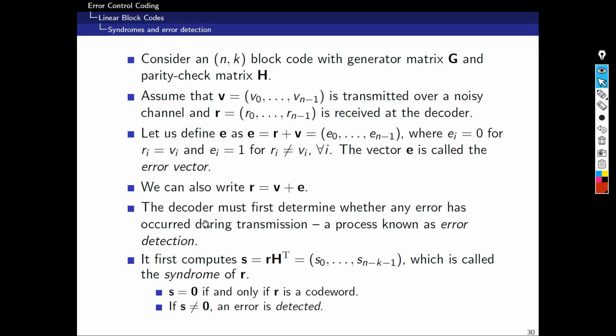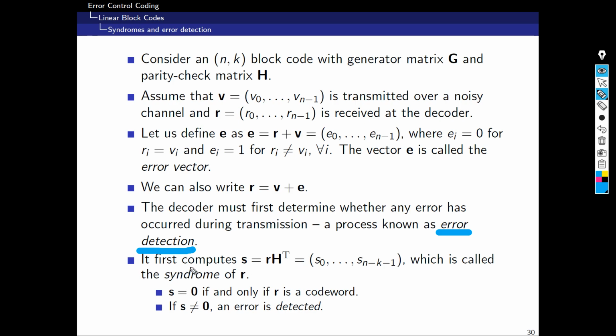Now, the decoder at the receiver side must first determine whether any error has occurred during transmission. This process is known as error detection. Please remember this: the error detection process is done at the receiver side during the decoding process to determine whether there are any errors or not.